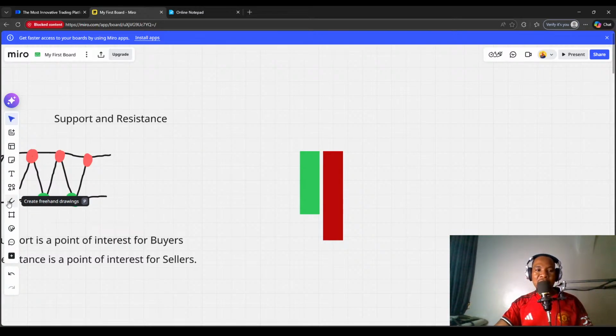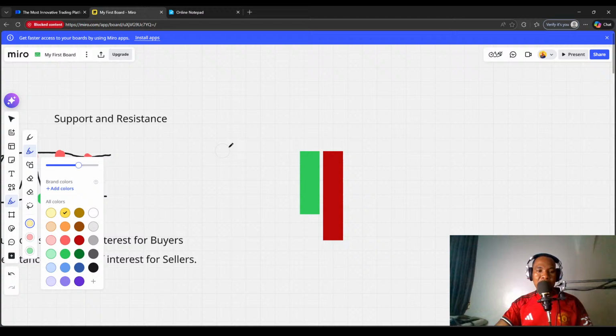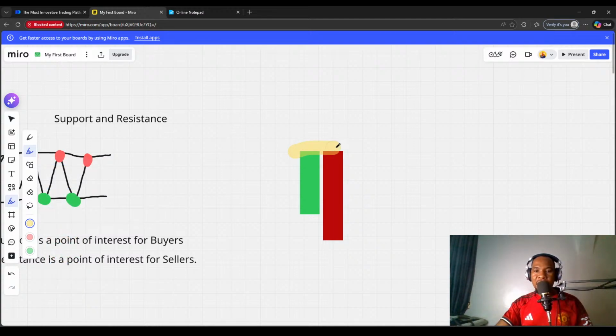The candle has created resistance. So this point like this is the resistance point. Resistance has been created here.